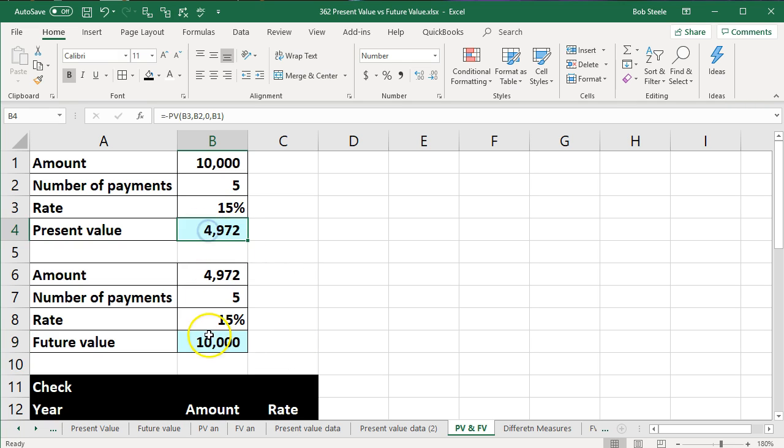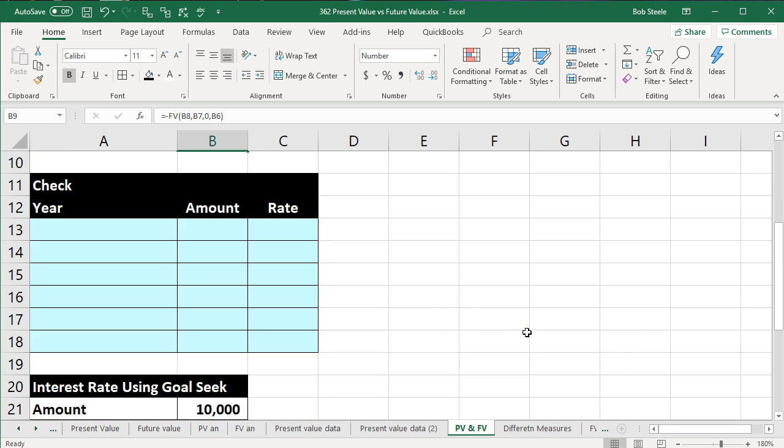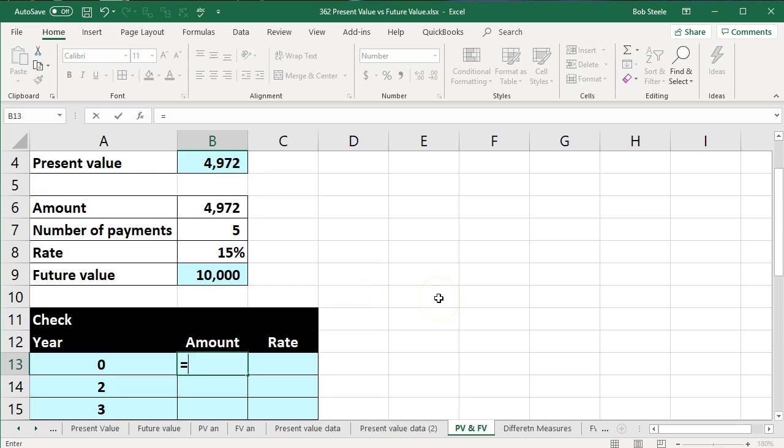So you can see a relationship, of course, between these amounts. Another way to see the relationship between these amounts is to run basically a table to calculate each year. So if we were to do that, we'd say, okay, what if we took years 1, 2, 3, 4, and 5, and then we had the total, and then we picked up the starting amount, and we're going to say, okay, this is the present value.